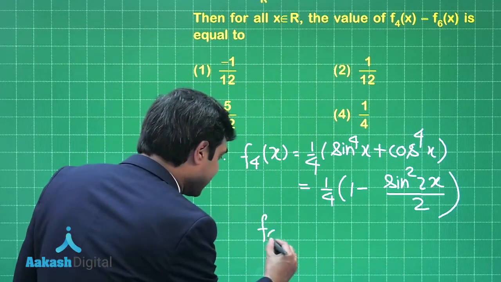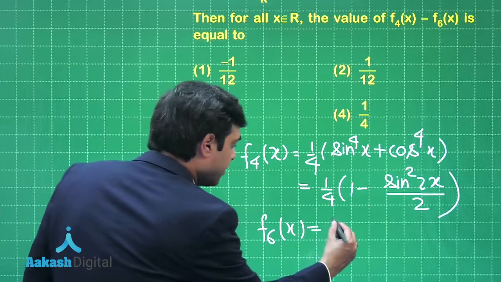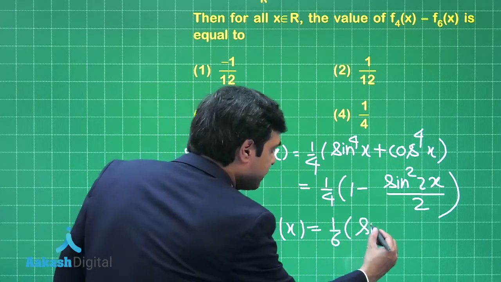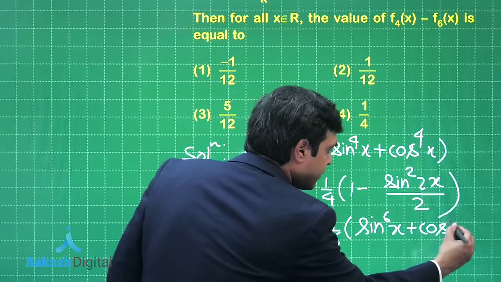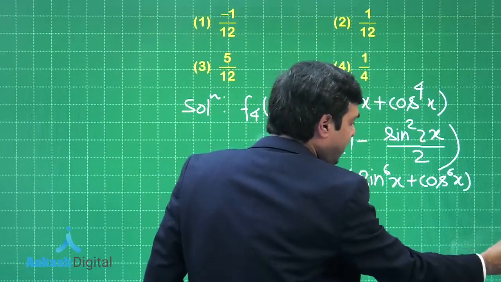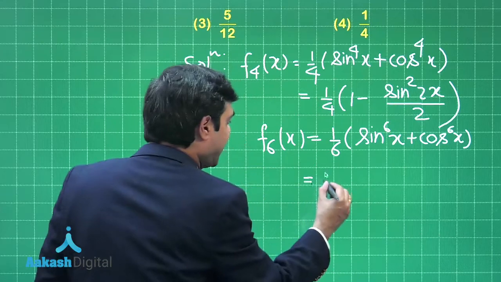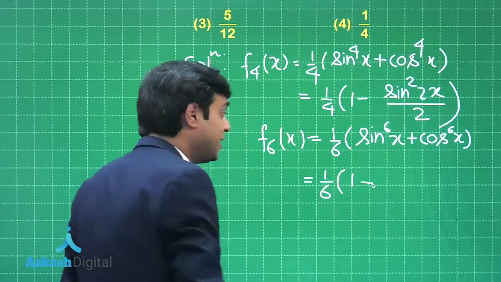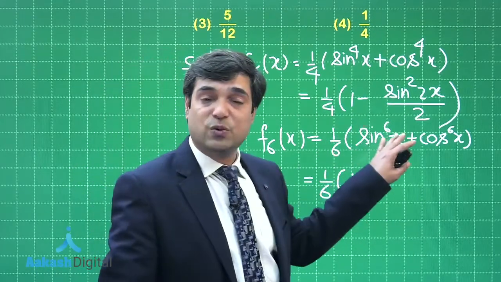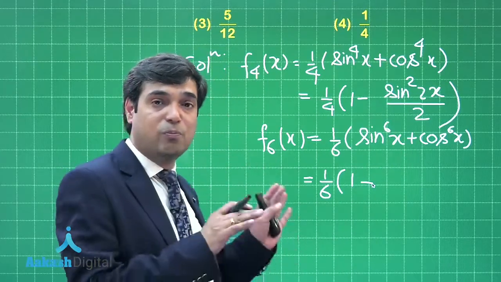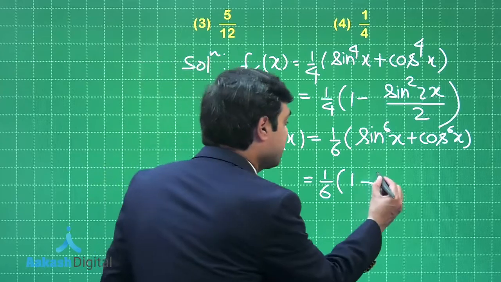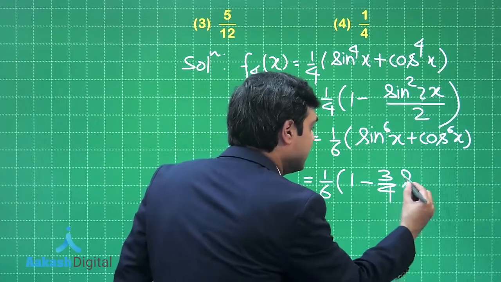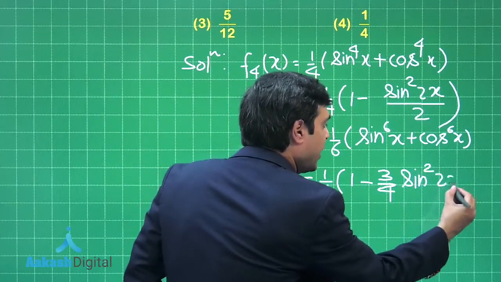Similarly, I can find f_6(x), 1/6 of (sin⁶x + cos⁶x). This one on simplification can be written as 1/6 of [1 − 3 sin²x cos²x], where I am going for (sin²x + cos²x) whole cube minus 3 sin²x cos²x into 1. That means minus 3/4 sin²2x.